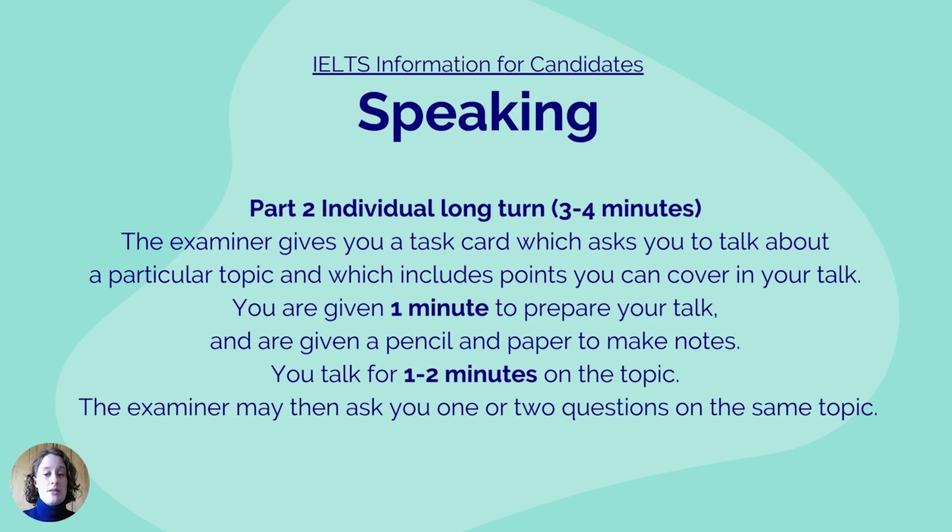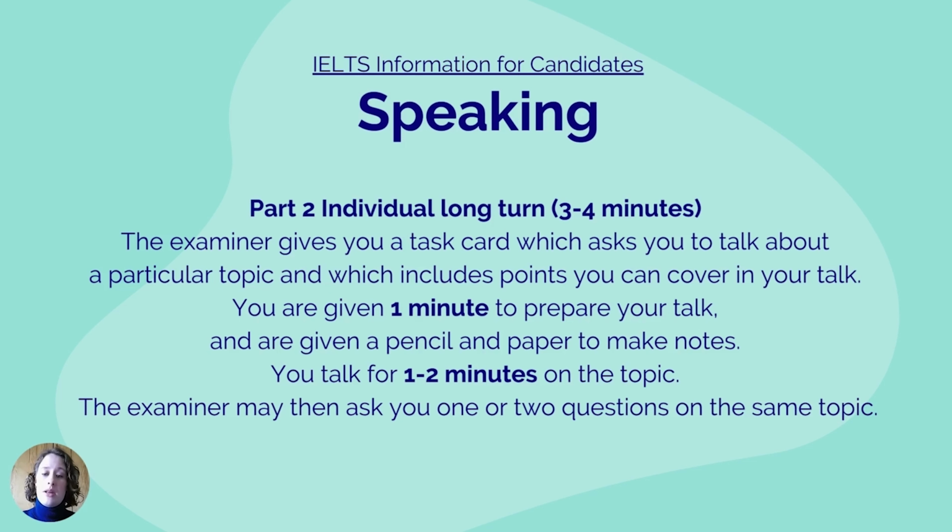In this section, you will be given a task card, pen and paper, and 1 minute to prepare and make notes. Then you will need to speak for 1 to 2 minutes, after which the examiner may ask you some follow-up questions. Let's look at the marking criteria for fluency and coherence.